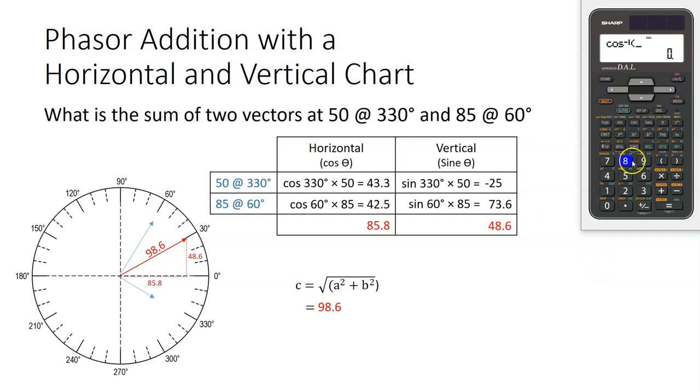Open our brackets. 85.8 divided by 98.6. Close our brackets. Hit our equals. We end up with an angle of 29.5 degrees. Enter that on our phasor diagram. So our new resultant vector is 98.6 at 29.5 degrees.